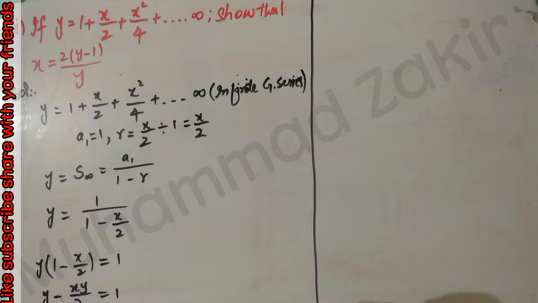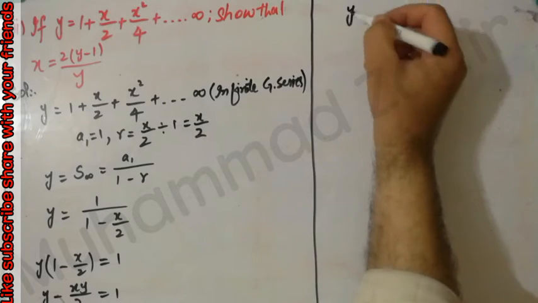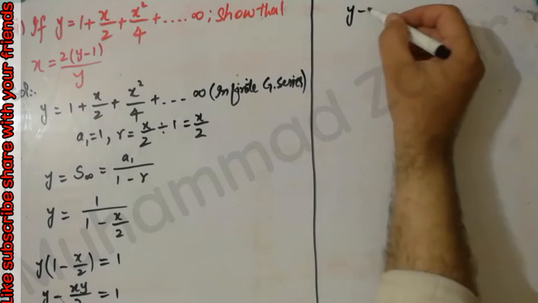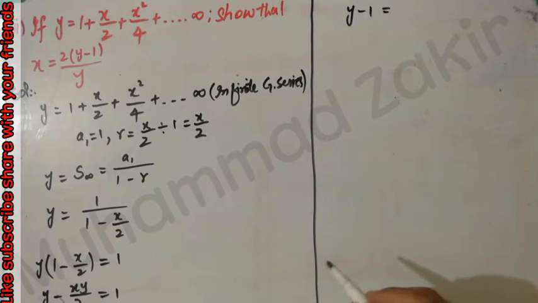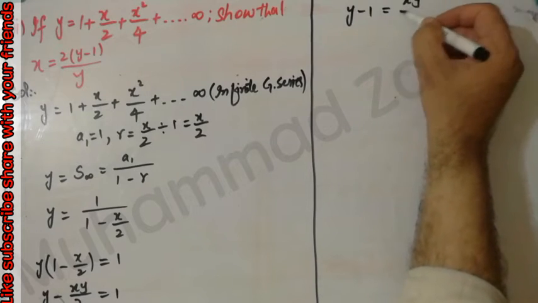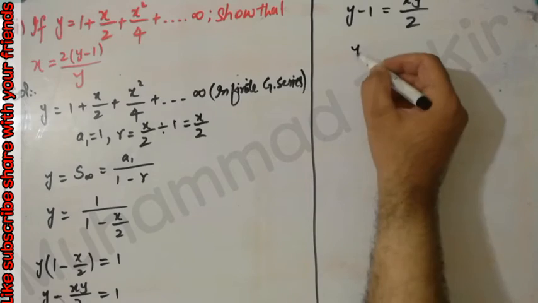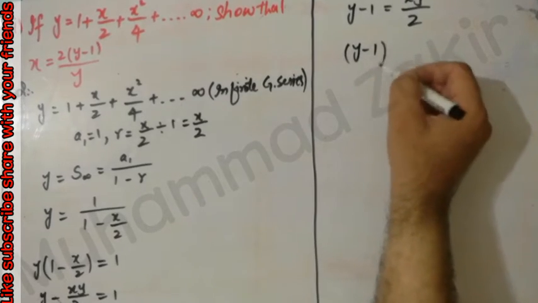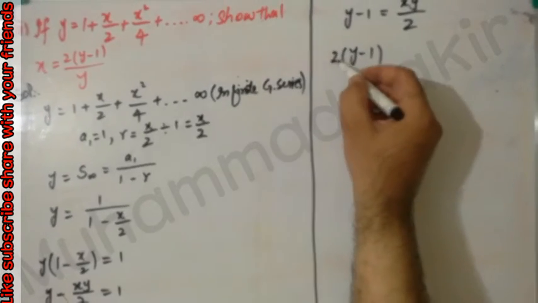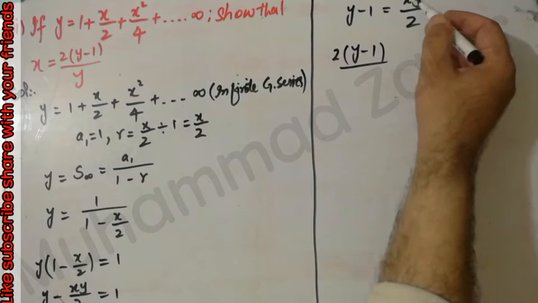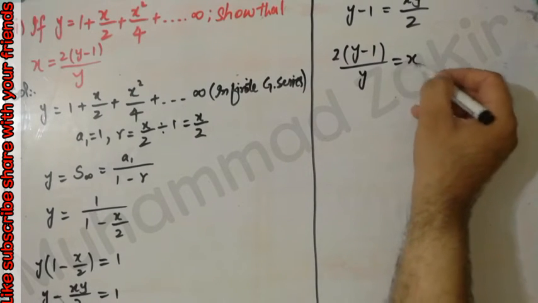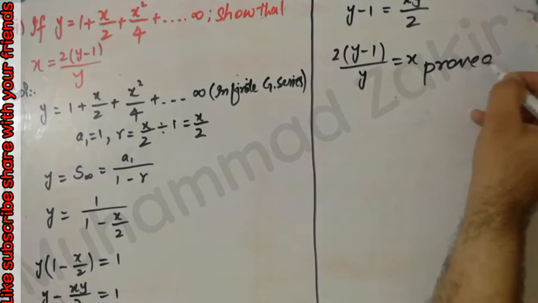So we take this xy by 2 on the right hand side, it will be positive. This is y on this side. 1 on that side will be negative, obviously, equal to xy by 2. And now we can take y by 2 on this side. We can see that 2 is in division here and will get multiplied, and y in the numerator will appear in the denominator. This is x equal to 2 times y minus 1 by y. This has been proved. Quite easy to see.